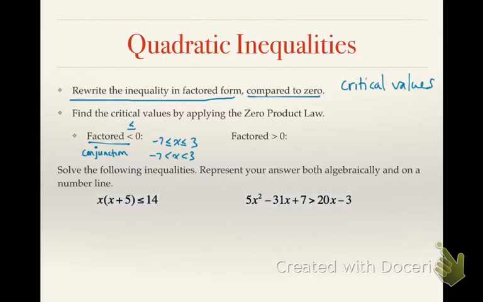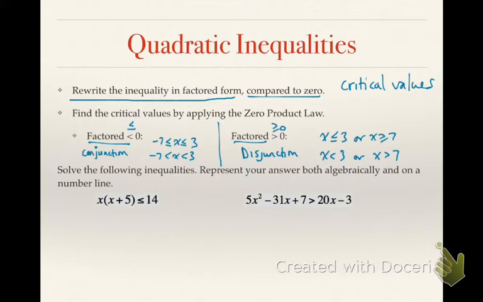Whenever we have something factored greater than 0 or greater than or equal to 0, we're going to have a disjunction. And that's going to be something like x is less than or equal to 3, or x is greater than or equal to 7. You might also have x is less than 3 or x is greater than 7.